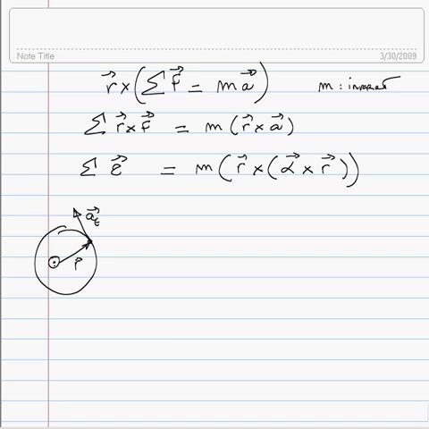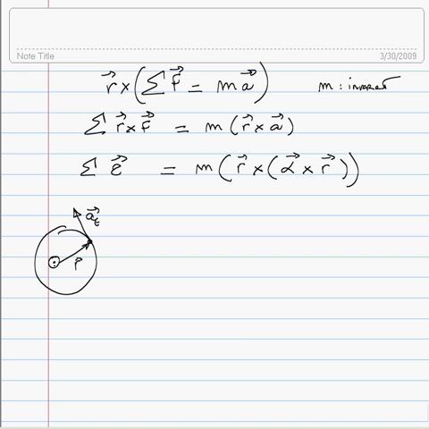So alpha cross r will give us a vector which is perpendicular to both. And in this particular case, it will be in the same plane as r. Then we're going to take the cross product of this vector with r again, which will give us a vector, again, which is parallel to alpha. So that's where we're getting at.